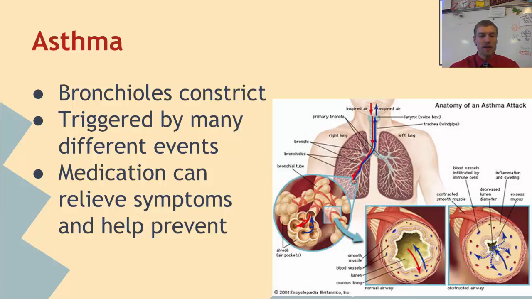Whether it's an environmental thing, like maybe some sort of pollen or something like that, or you can have exercise-induced asthma, several different ways, but the gist of it is that your bronchioles constrict, and they also produce a little more mucus, and that excess mucus helps to clog up the bronchioles, and therefore you are going to have a lot of trouble breathing, feel shortness of breath, feel like you can't ever really get a breath in. That's because you just can't get the airflow that you need. There's medication that can help to relieve the symptoms, as well as help prevent asthma attacks from occurring.